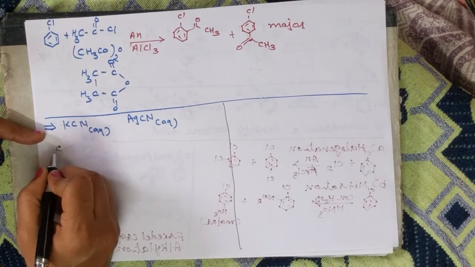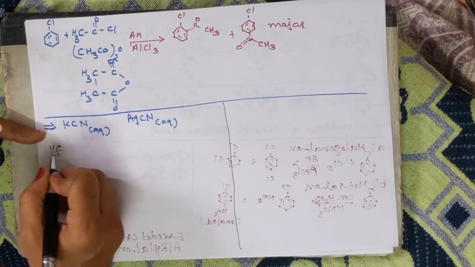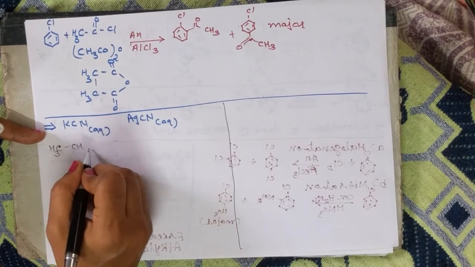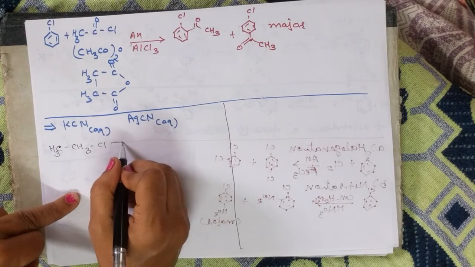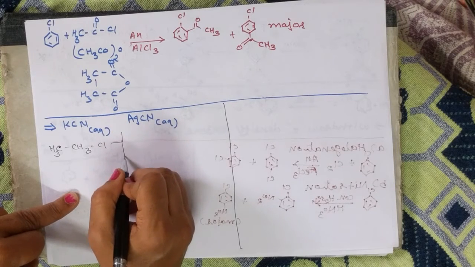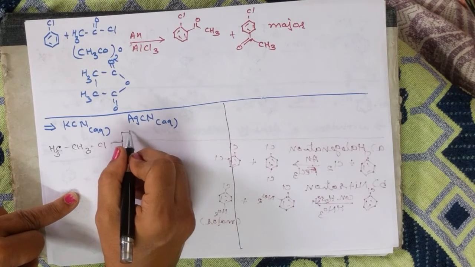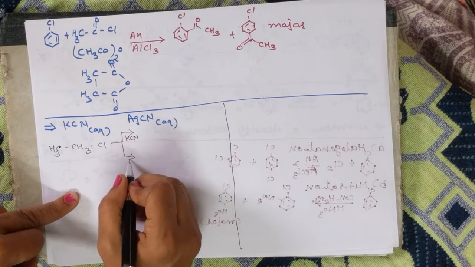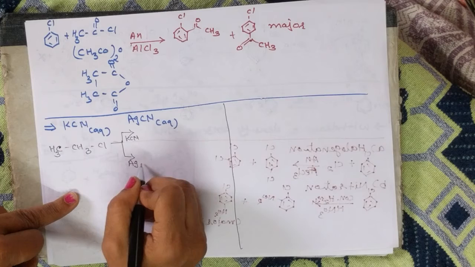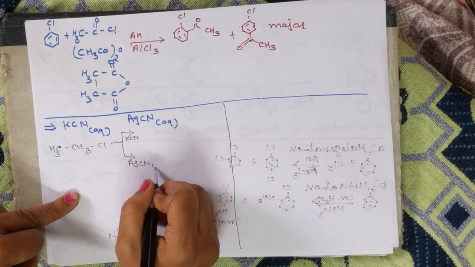Suppose we take methyl chloride and we try to get what the product will be by using KCN and by using AgCN aqueous.